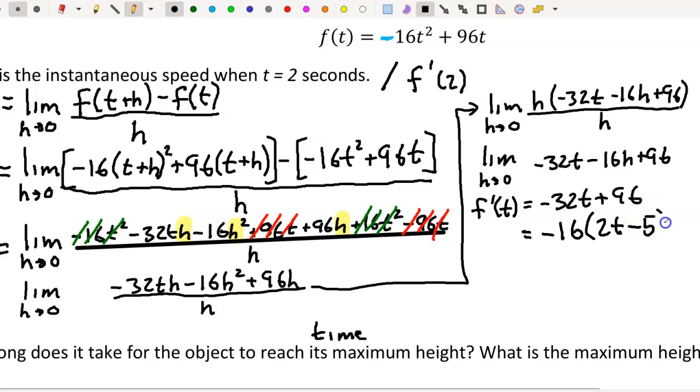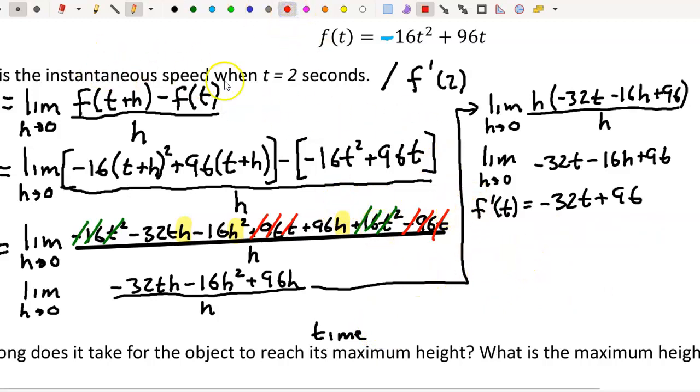All right. 6. Oh yeah, 6. So you could actually take out 32 then. Yeah, however you want to write it. Usually it's not factored. Your derivative function's usually not factored. But however you want to do it, it's up to you. It gives you the same answer.